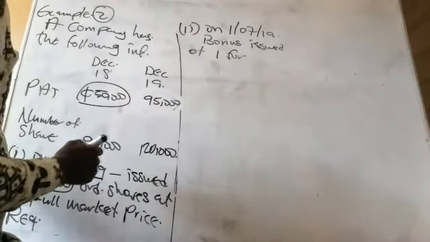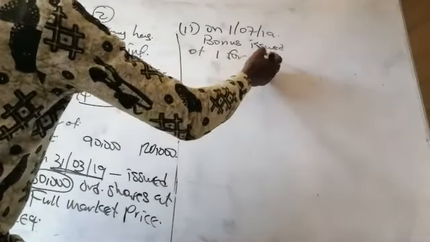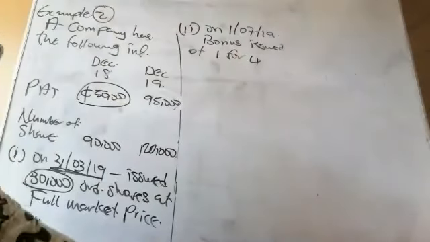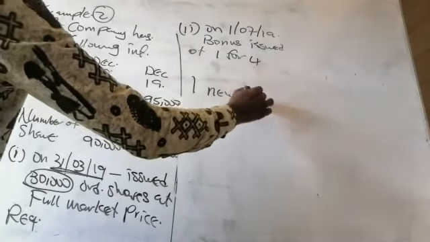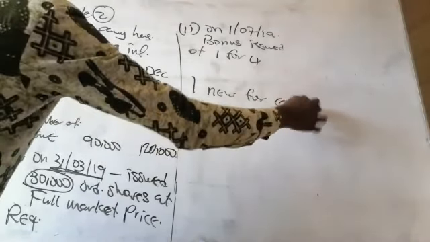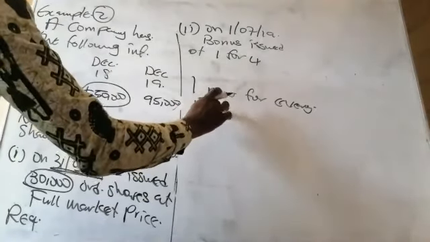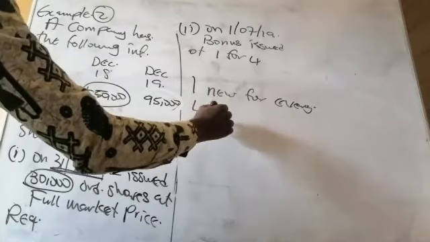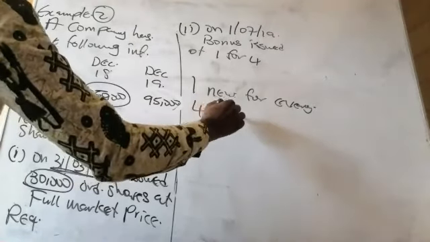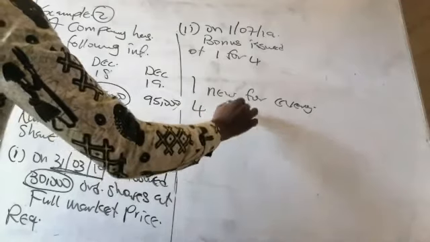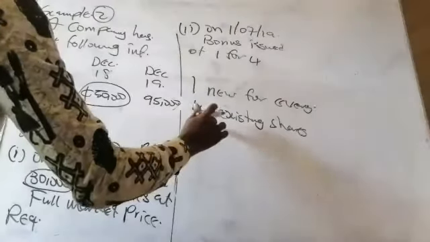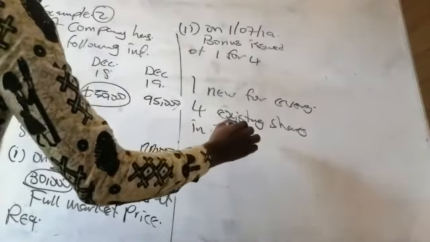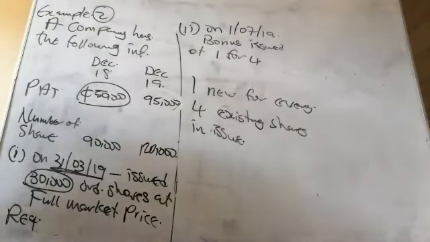Or in simple terms, 1 new share for every 4 existing shares, or 4 shares in issue. That's it. Good. So 1 for 4. I'm done. That's note 2.